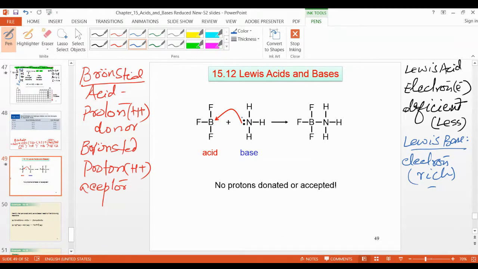But these 2 electrons are coordinated with BF3, right? So they will make a bond like this. If you calculate like this, the octet is complete, right?